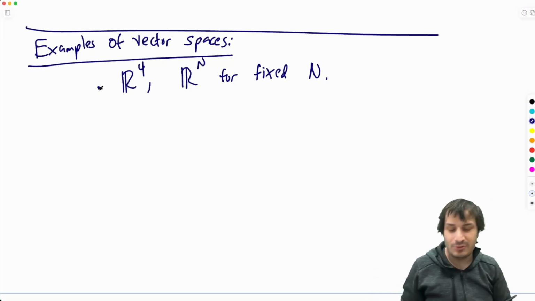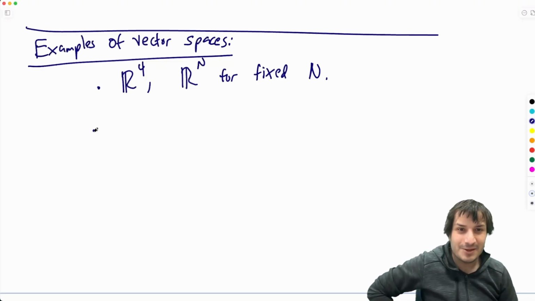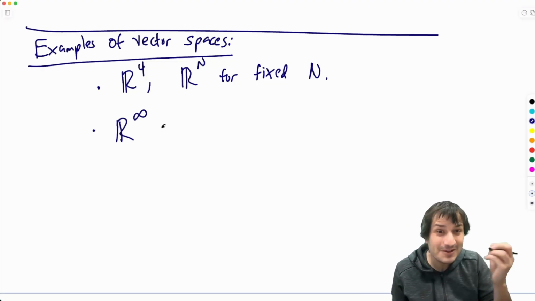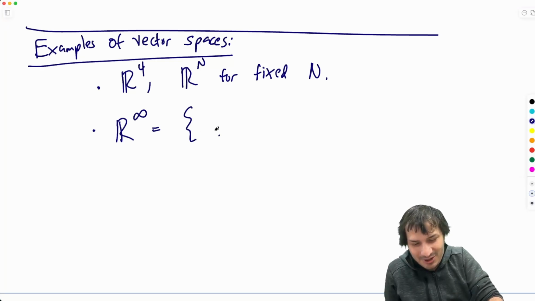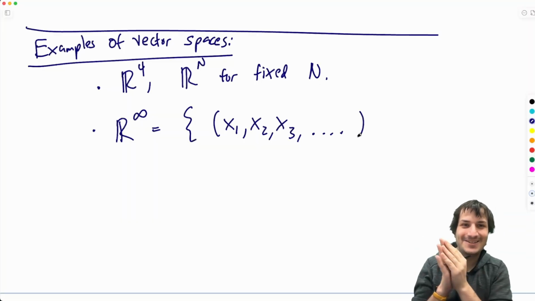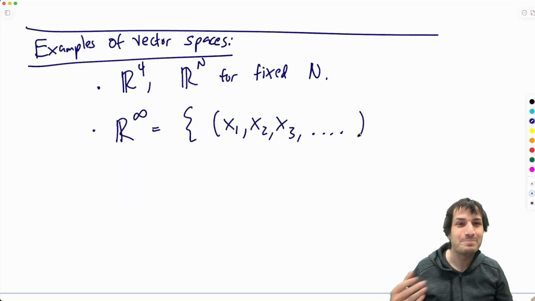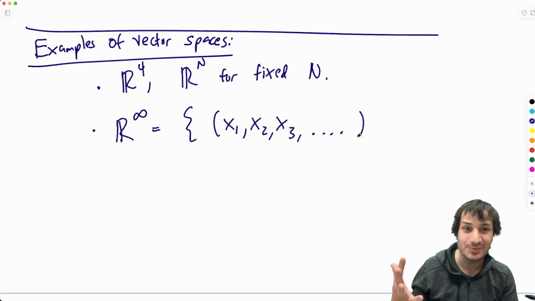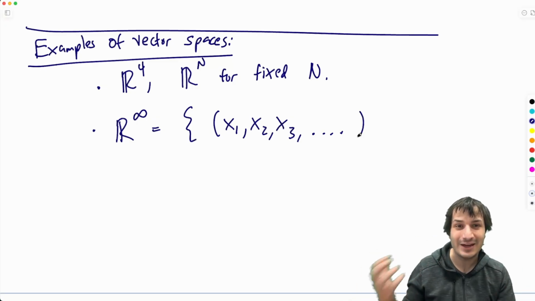But here's an interesting one. If I'm going to be sort of naughty, let me write R to the infinity. What is R to the infinity? Well, you just don't stop. So you go x1, x2, x3, ... and there is no end. It's sort of a vector that goes on forever. And as long as we do the entry-wise addition and scalar multiplication, this will still work as a vector space.